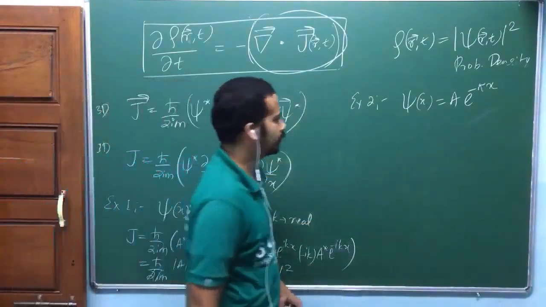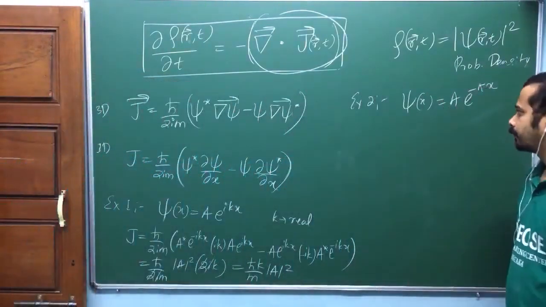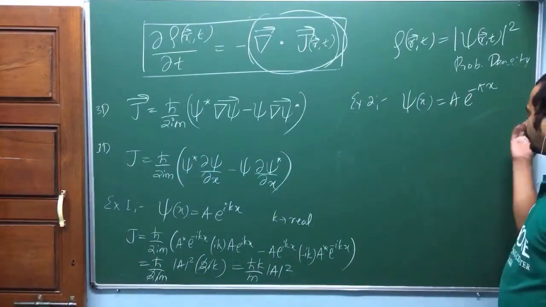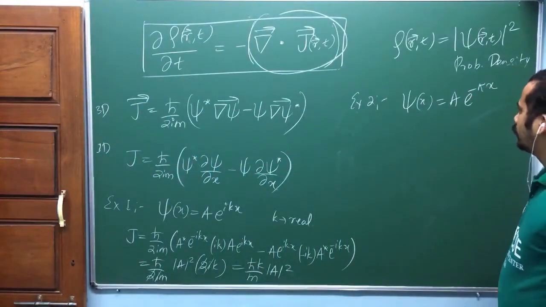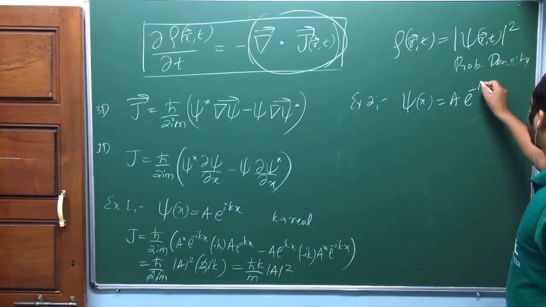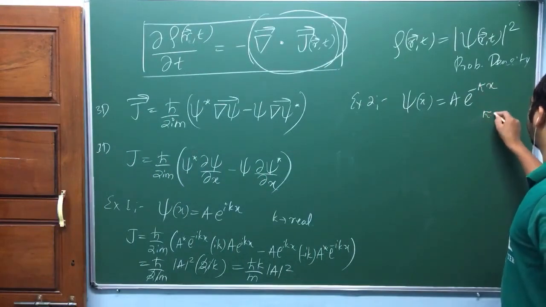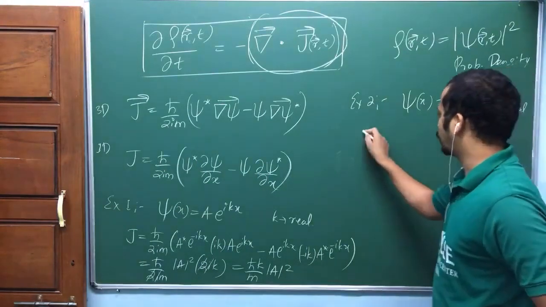Let me take only one side of it. Let me find the current density at some positive x value. Now do the calculation, where kappa is real again. Quickly do the calculation.